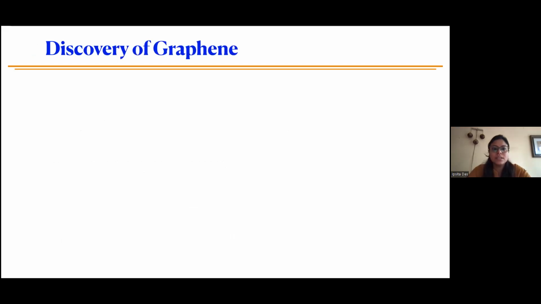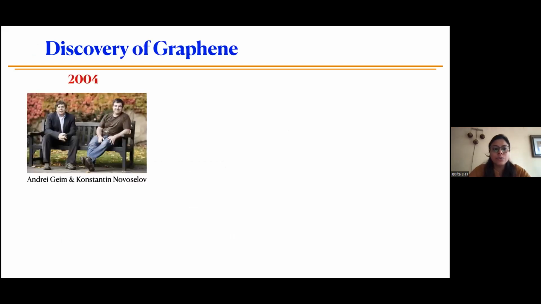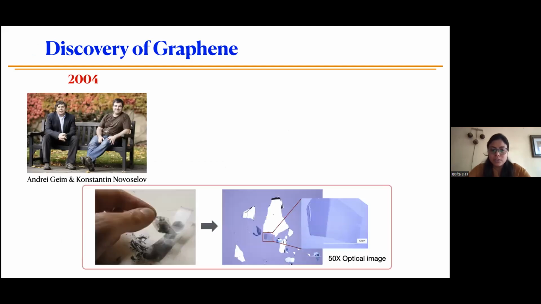Well, to begin with, it all started in 2004 when Andre Geim and Konstantin Novoselov found a very simple yet elegant way of getting a single atom thick layer of graphene from the bulk 3D graphite crystal. It was a very simple trick. They took a Scotch tape and placed a 3D bulk crystal on top of that and peeled it multiple times until you get a very thin uniform layer of graphite, and then they placed it on top of the silicon oxide substrate and finally peeled off the Scotch tape.